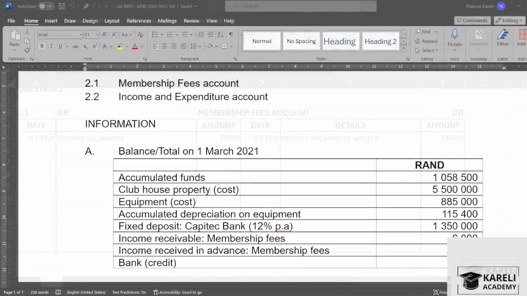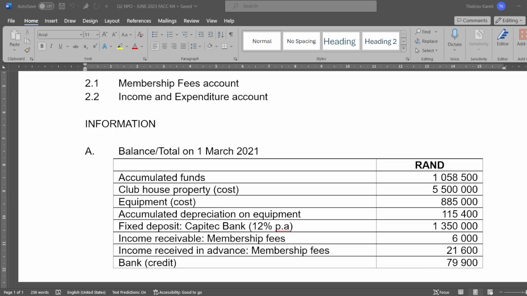We have 6,000 for income receivable. We have 21,600 for income in advance. I believe you can see them.